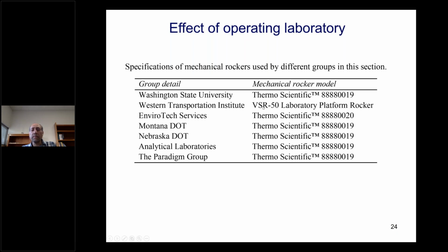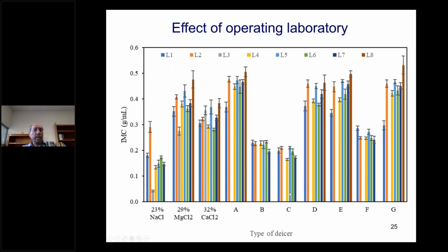All of them except WTI have used a Thermo Scientific model. So then here are the ice melting capacities of the different de-icers, and different groups have been shown with different colors. I have mentioned here.